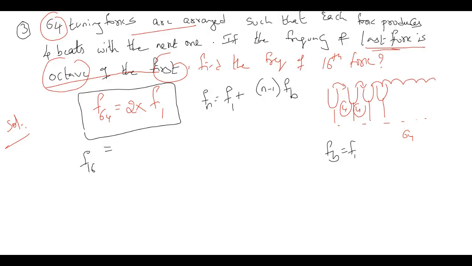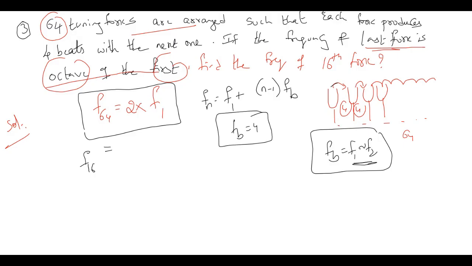The difference of F1 and F2. Here in this question, beat frequency is 4. Difference between these two frequencies is 4. So we want the 16th tuning fork, which is F1 plus 16 minus 1 into beat frequency 4.